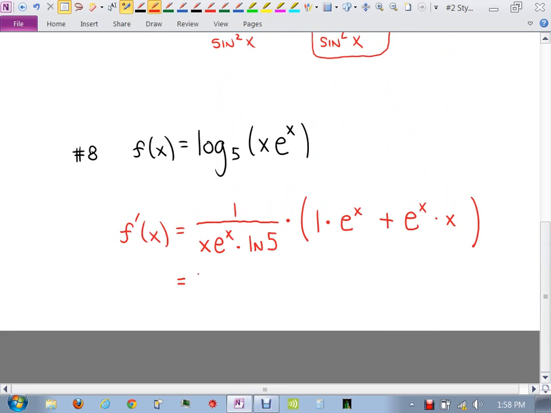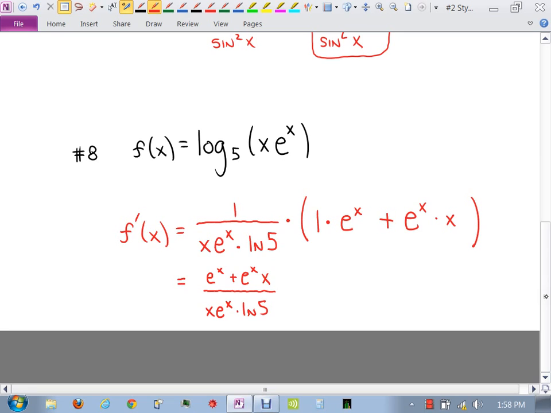Which is e to the x plus x e to the x, all over x e to the x times natural log 5. I just took everything in parentheses, moved it up to the numerator, and cleaned it up a little bit.